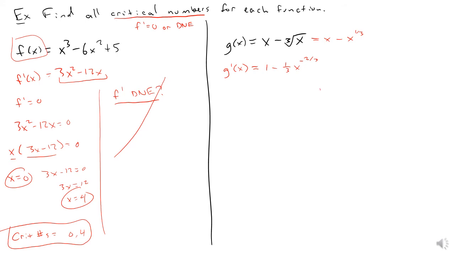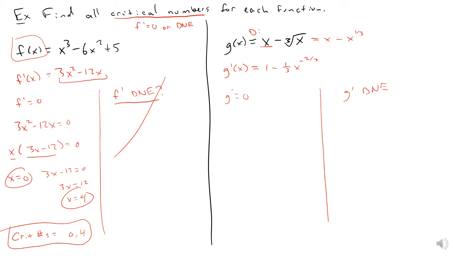And then we need to answer the same two questions. Are there any places where g prime is 0? And are there any places in the domain of the original function where g prime does not exist? Coming back to our original function, the domain of our original function, the x values where this function works, is all real numbers. Here, x can be anything, and there's nothing that can mess that up.